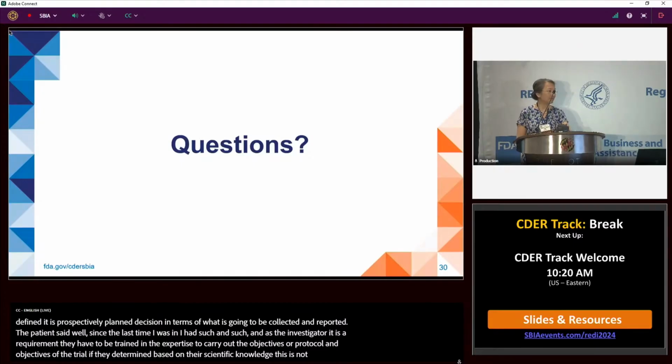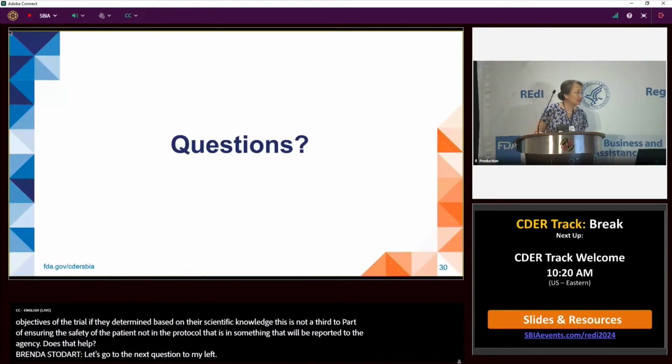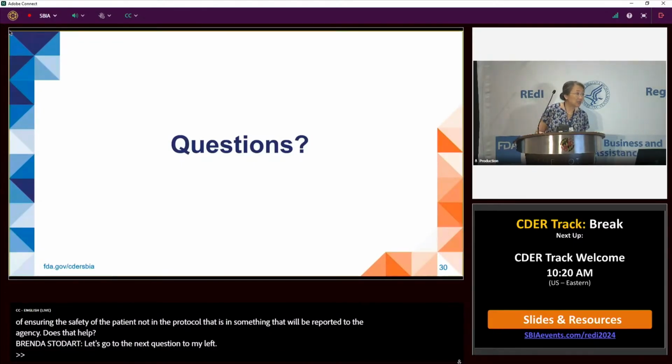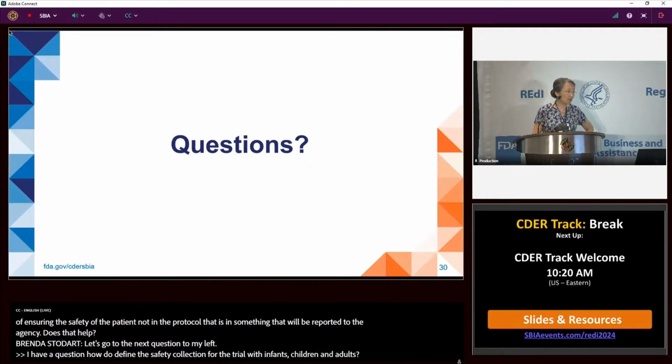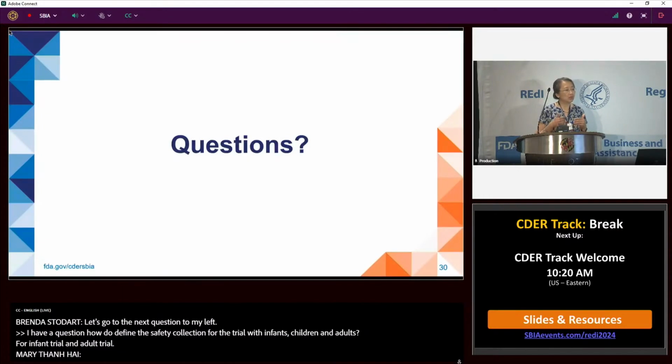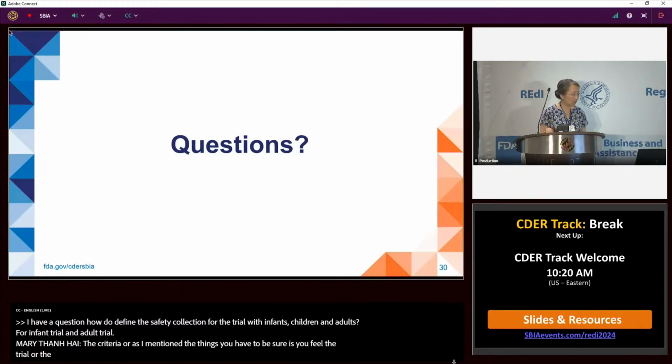We're alternating. Okay. So I have a question about how you define the safety collection for the trial with infants, children, and adults. Okay, so selective safety data collection, for an infant trial, children trial, and then adult trial. Well, the criteria, as I mentioned, the thing you have to absolutely be sure of is that the trial or the drug has a well-established safety profile.